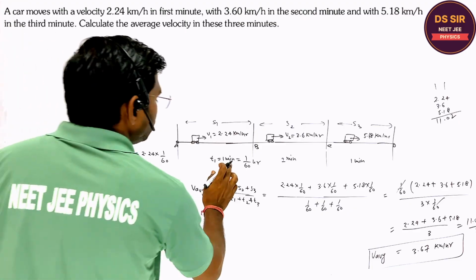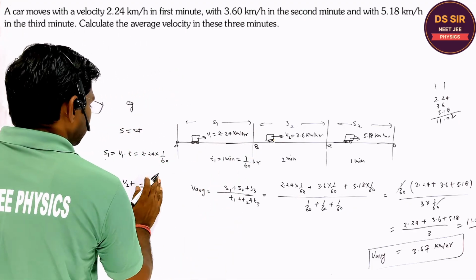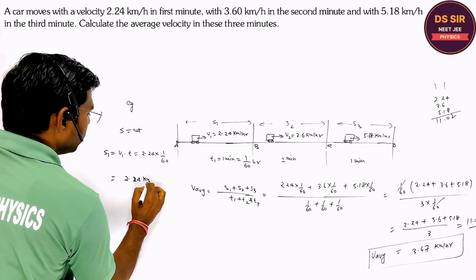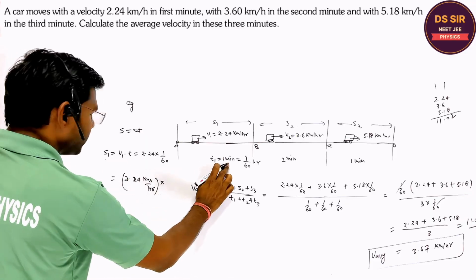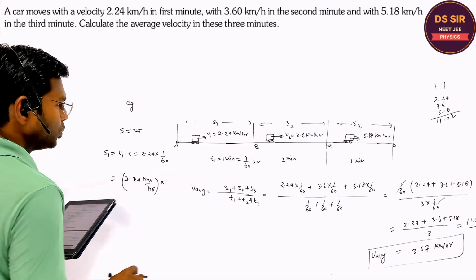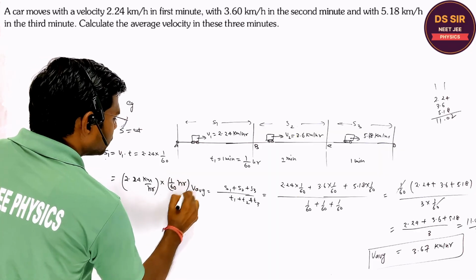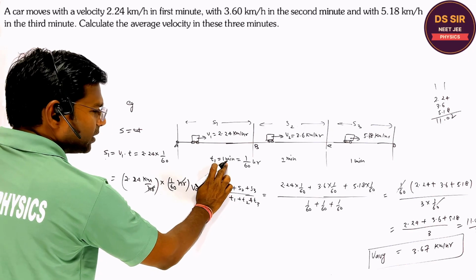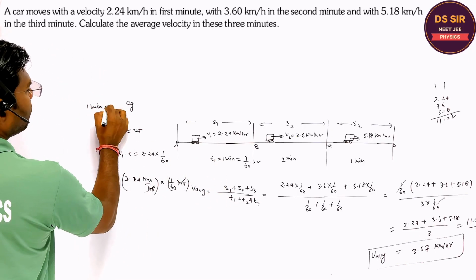Actually, listen to one thing. The speed is 2.24 kilometer per hour, and this is the V, and the time is given as 1 minute. So you have to convert it into hours.